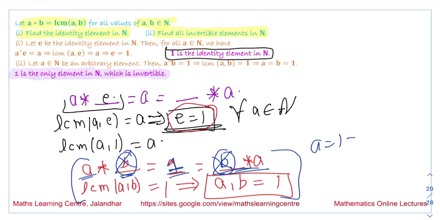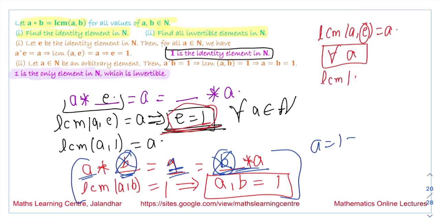I am again repeating this thing: whenever we say that LCM of A comma E is equal to A, this should hold for all A. We want to find an element E for which this holds for all A. If I am talking about LCM of A and A, it is A. Suppose the number A I am considering is 12.